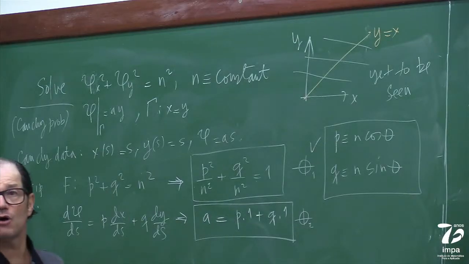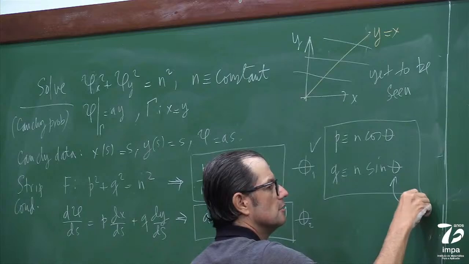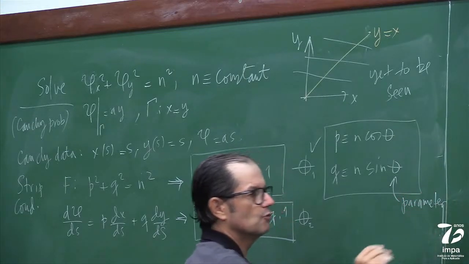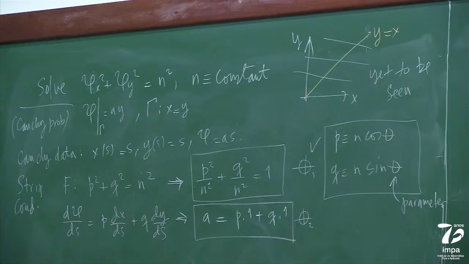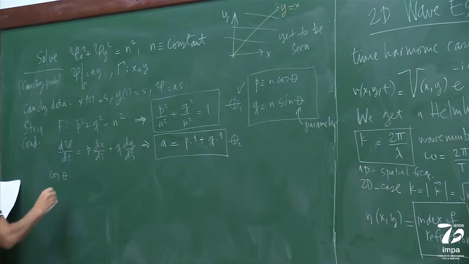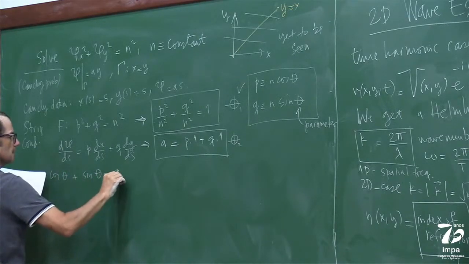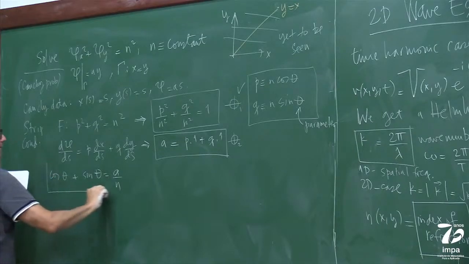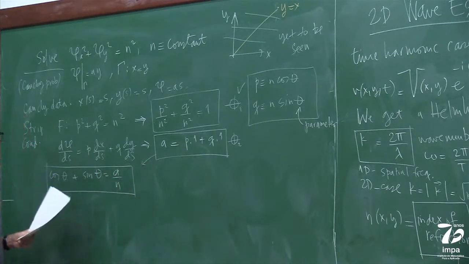And then we're going to carry on this parameter and see what we do with it. But fine, we solved that problem. Okay? So we now get that cosine theta plus sine theta is A over n from the strip condition. That's just this, right? Rewriting it.